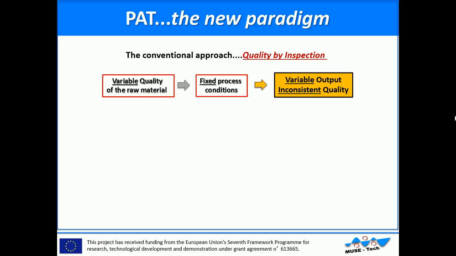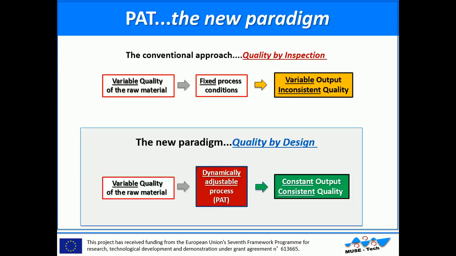PAT is about the change from feedback process control, where the product is tested after processing, to model predictive quality by design process control, where the larger variations in raw materials are compensated for by process adjustment during manufacturing to ensure a consistent and defined level of quality in the final product, reducing at the same time overprocessing wastes and overall costs.